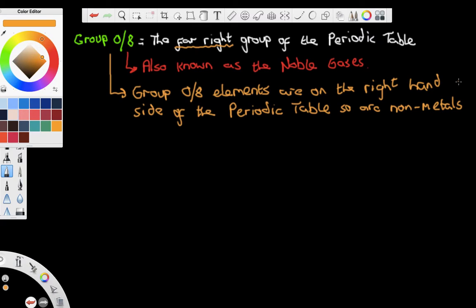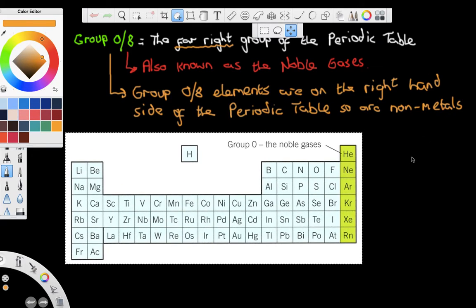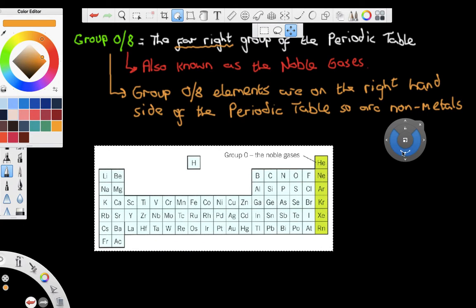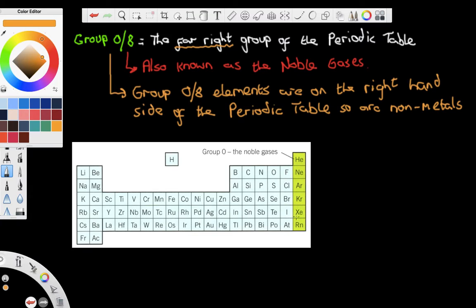Okay, now if we were to look at a periodic table, group 0, or the noble gases as they're known, would be found in this far right hand column. Okay, the noble gases include the following elements.